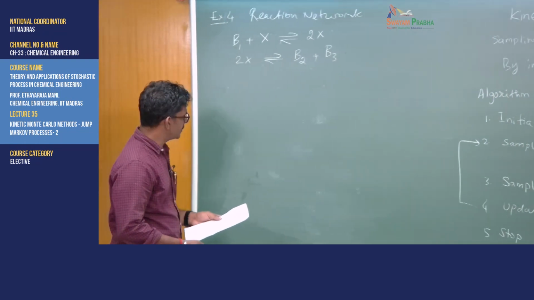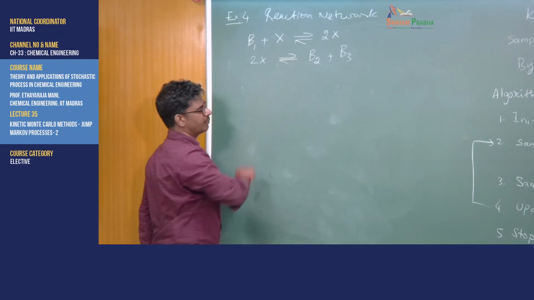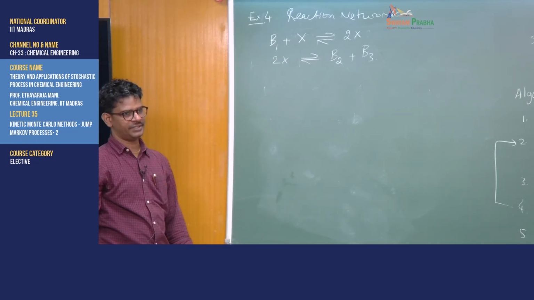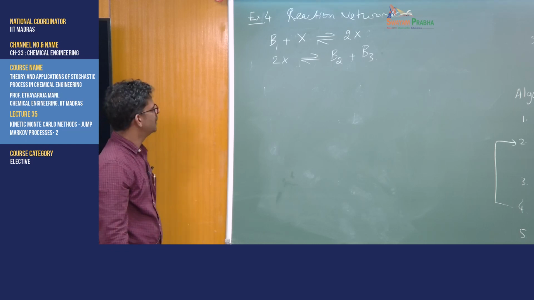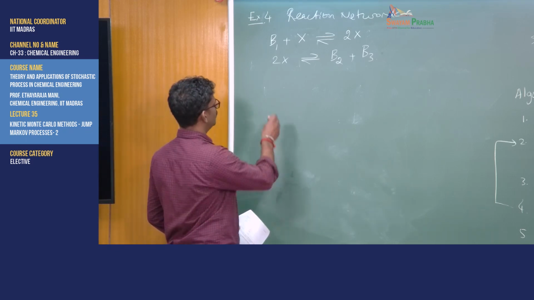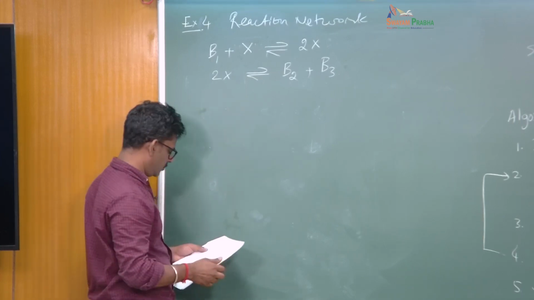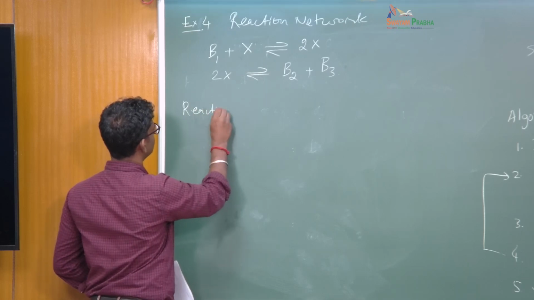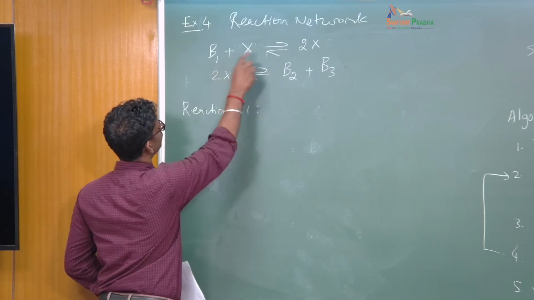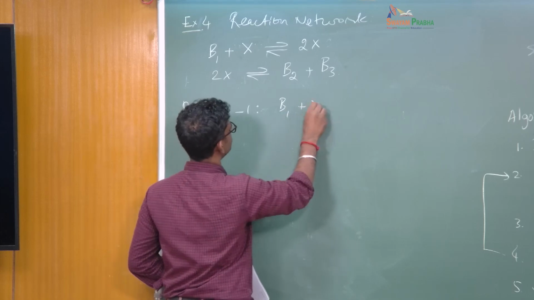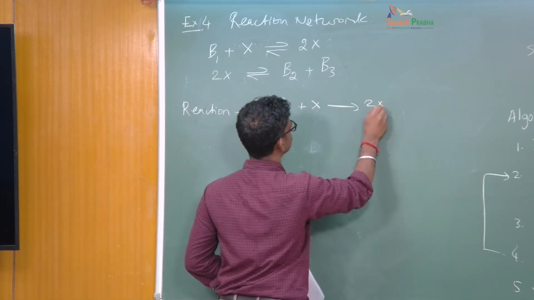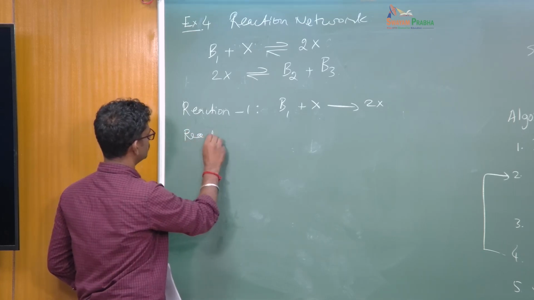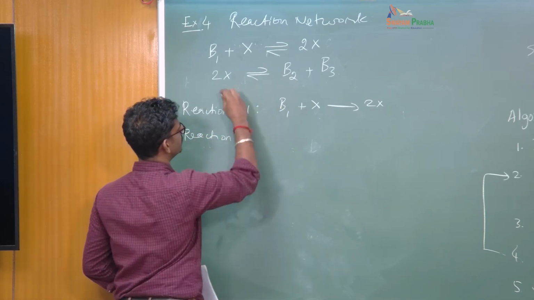So now what I'm going to do is, you can look at this. These are two independent reactions. Both are reversible. It involves species B1, X, B2, and B3. Four species. So now we rewrite these equations into distinct reaction channels. I say reaction 1 is the forward reaction of the first case, and reaction 2 is the reverse one.